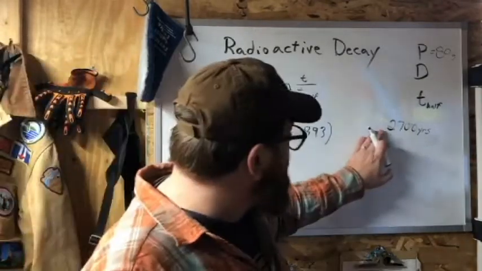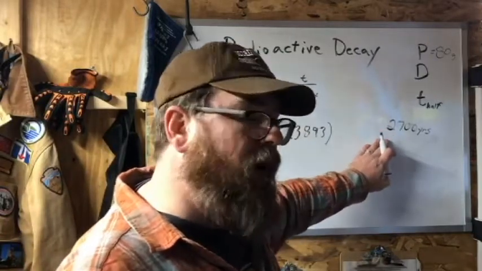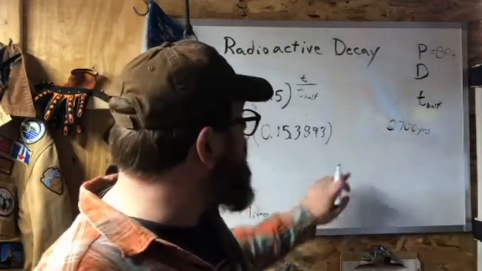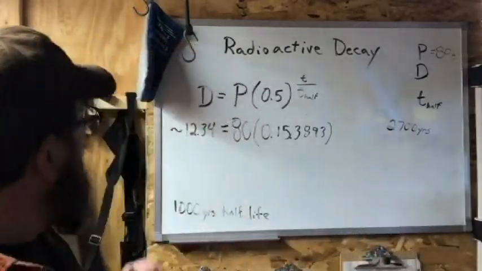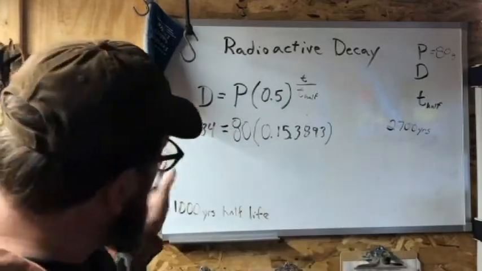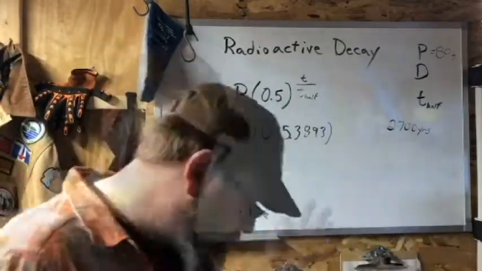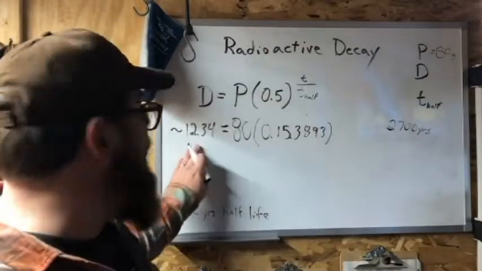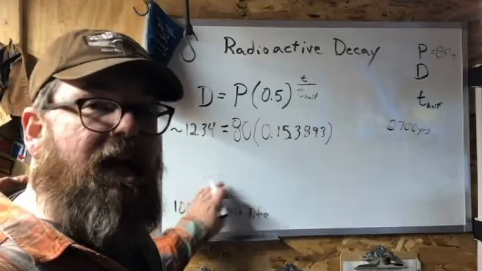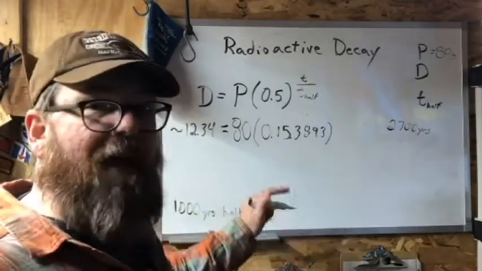Because remember, at 2,700 we've already gone through 1 half-life, so 1,000, a second half-life, so we're in between our second and third half-life. I've already calculated the second half-life for you, and if we calculate a third half-life just using 3,000, we'll get 10 left. So this is in between 10 and 20. So it's in between our second and third half-life, so this works.